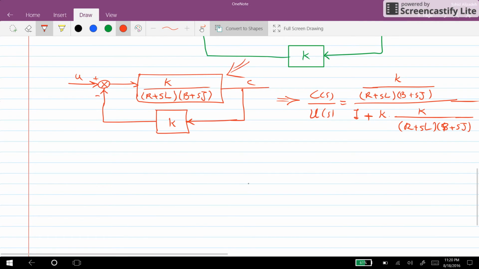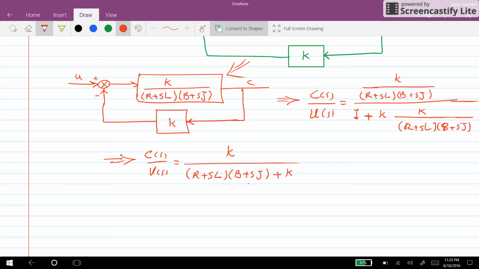And if you simplify it, we will get C over U given by K over R plus SL times B plus SJ plus K squared.